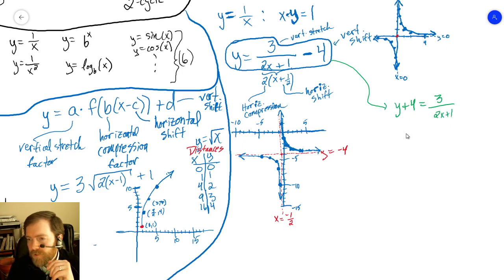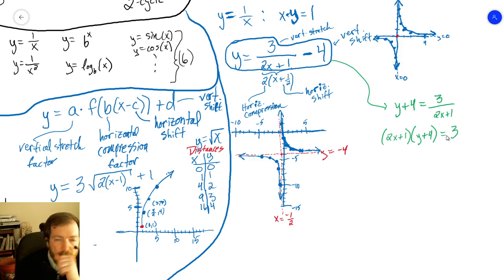Multiply your 2x plus 1 on both sides. This is 2x plus 1 multiplied by y plus 4 equals 3. And now you can see, again, if you double your x term as a whole, you're going to have your y term as a whole, and vice versa.